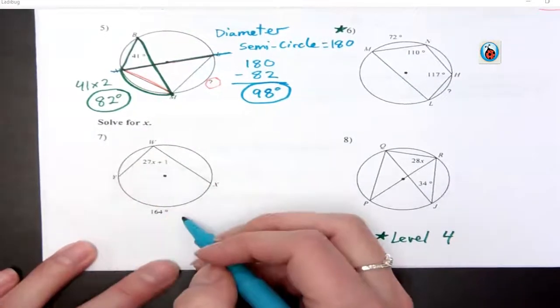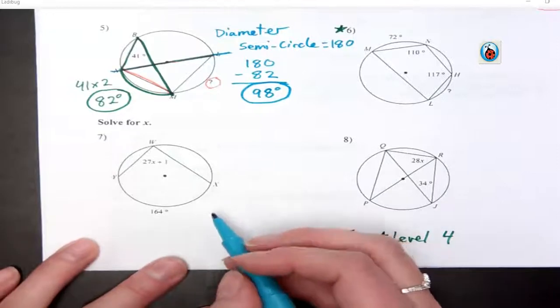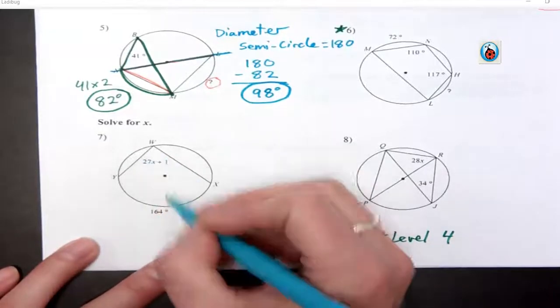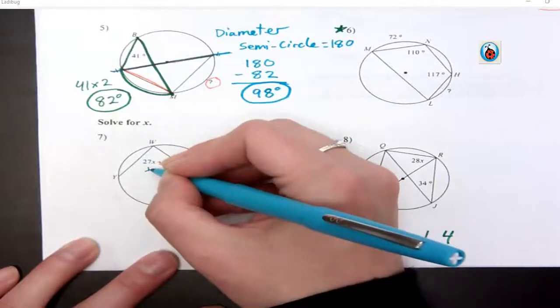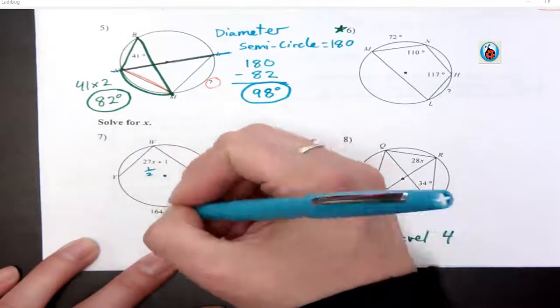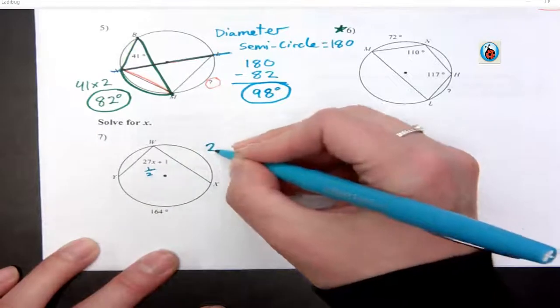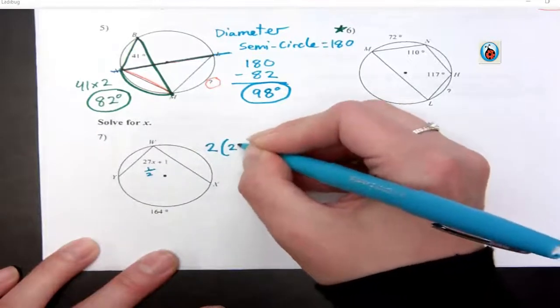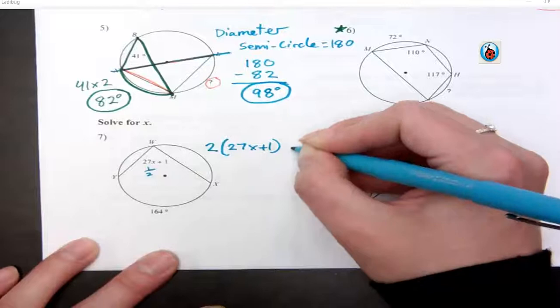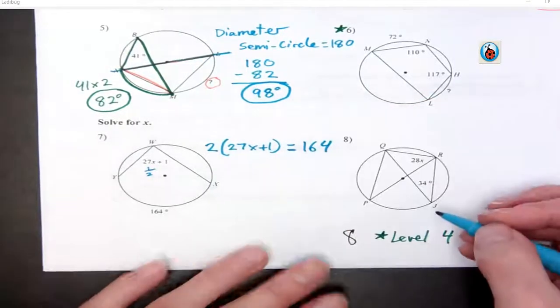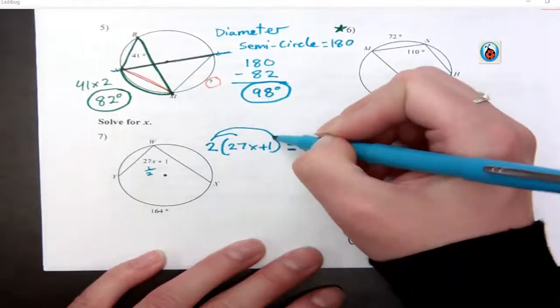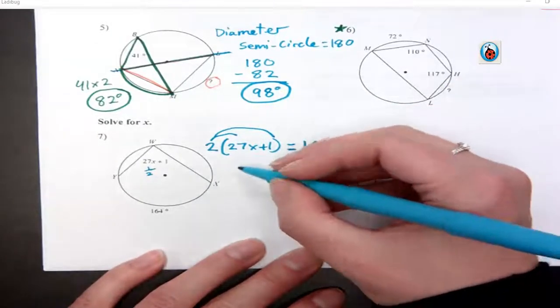And these are pretty simple. It is just inside is half of the outside. And so if this is 1/2, I want to multiply it by 2 and set up my equation. So 2 of my angles, 2(7x plus 1), equal my arc. And then I solve. So first step is distribute.